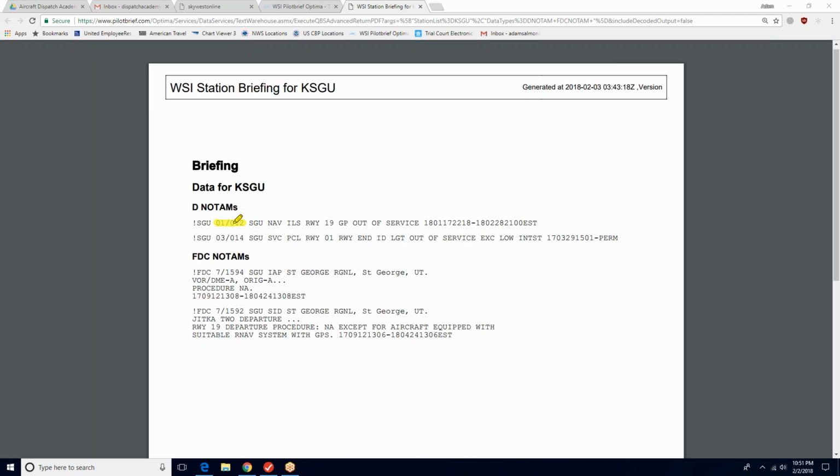Then slash, the 012 is the NOTAM number. So it is the 12th NOTAM of January. So 01 is the month, and the second set of numbers is the NOTAM number. That tells you when it was issued: last month, in January. Small airports like St. George usually don't have very many NOTAMs. This airport only has 2 NOTAMs right now.